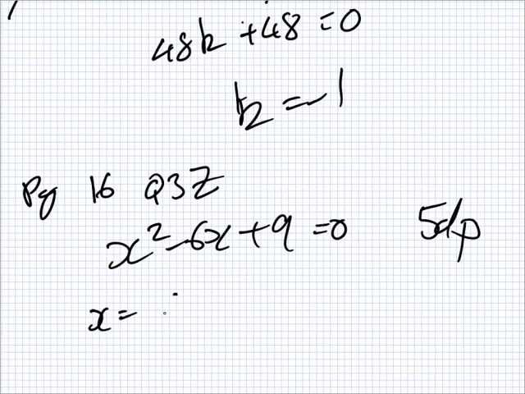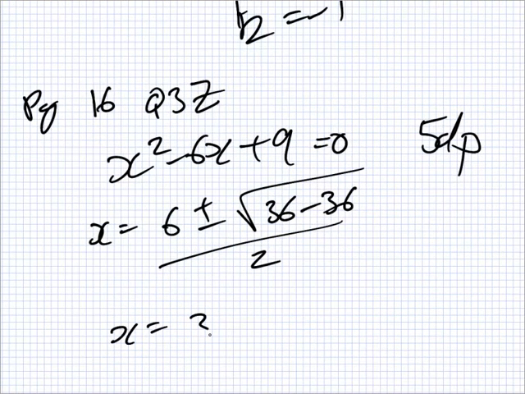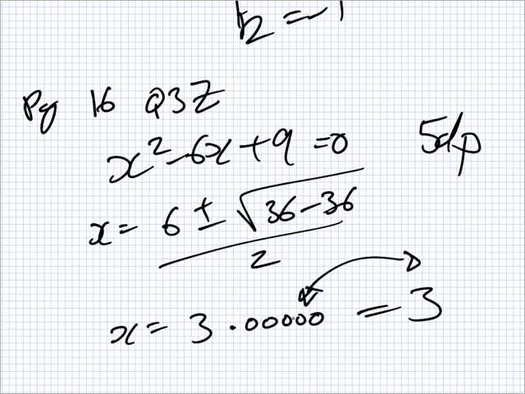X equals minus b plus or minus square root b squared minus 4ac. X equals 3.00000, which is 3. So should we write 3.000 or just 3? I accept both in the exam, but I suppose this one's a little bit safer to write in the exam.